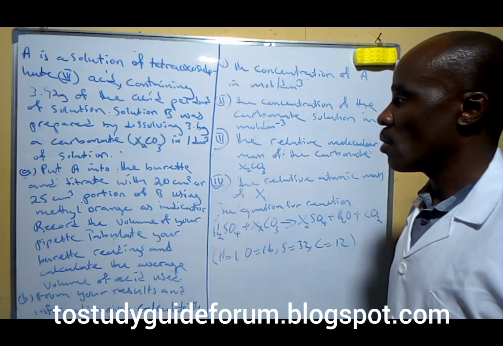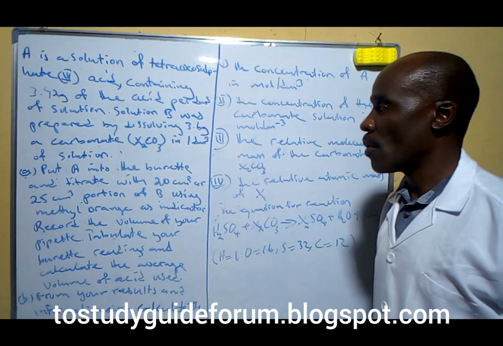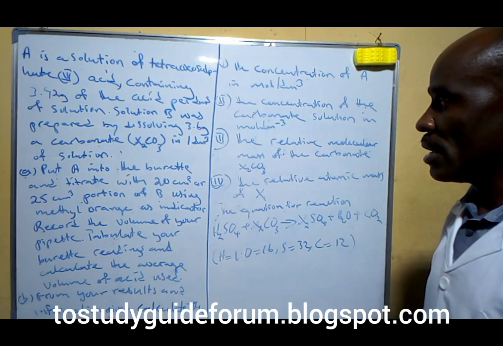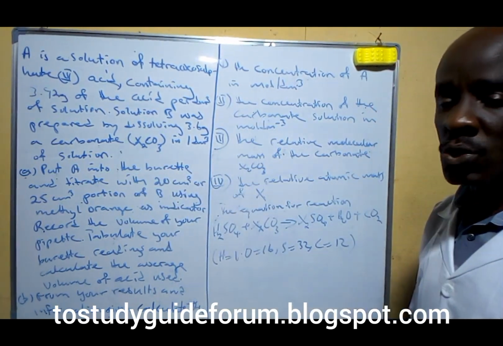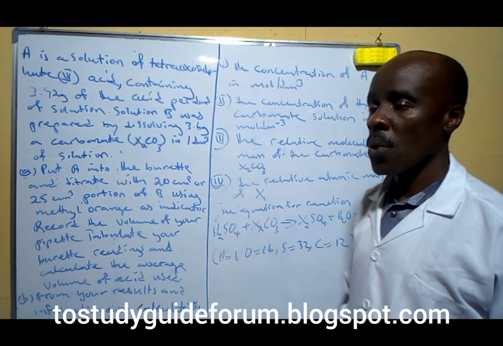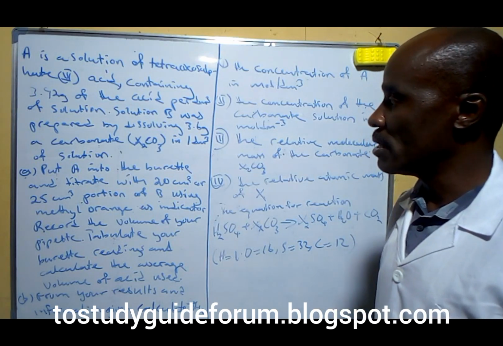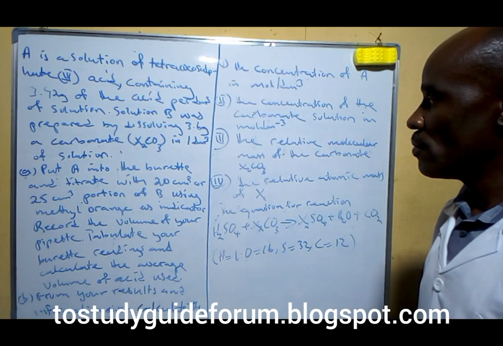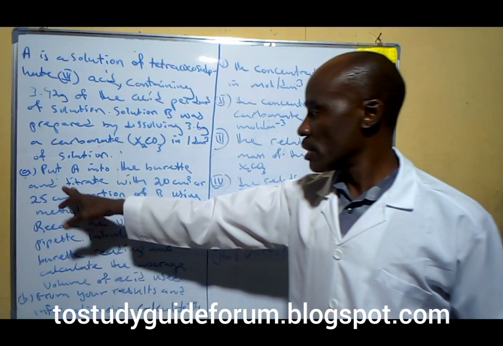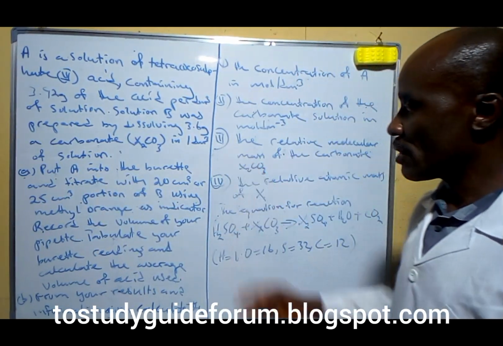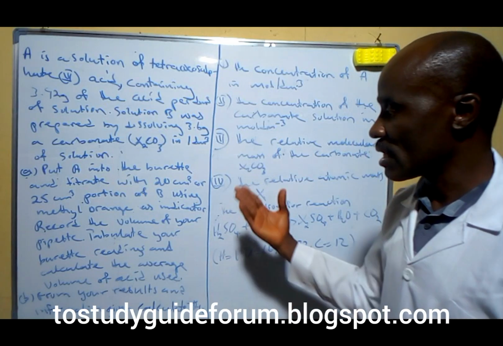Solution B was prepared by dissolving 3.6 grams of a carbonate, X2CO3, in 1 dm cube of solution. Put A into the burette and titrate with 20 or 25 cm cube portions of B using methyl orange as an indicator.